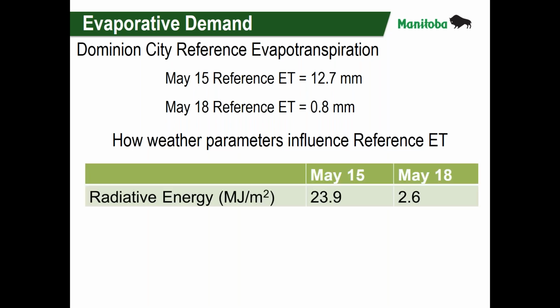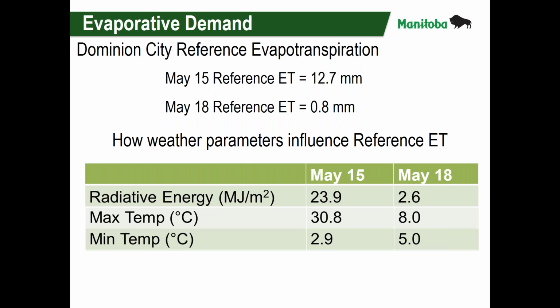So the main factors that influence the rate of evaporative demand are radiative energy, what the solar radiation values are for those days, and the temperature. Typically you want a high temperature gradient, the difference between the maximum and minimum temperature.